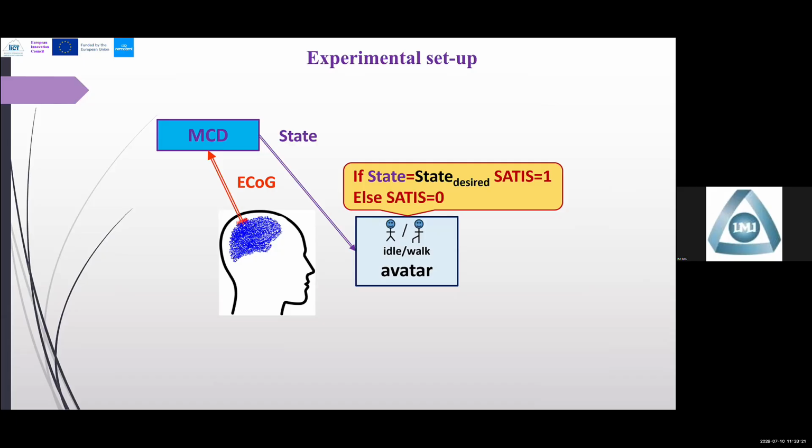The patient has an ECOG implant. We record the data, and we have to train a motor control decoder that has to predict whether the patient thinks that the avatar on the screen should stay idle or move. The patient can't move.